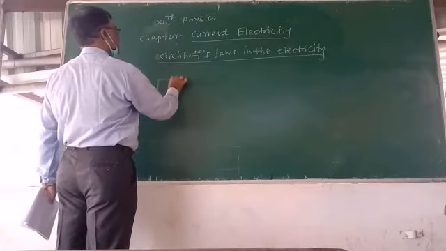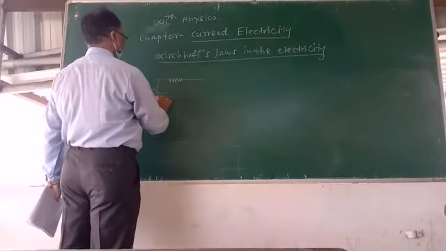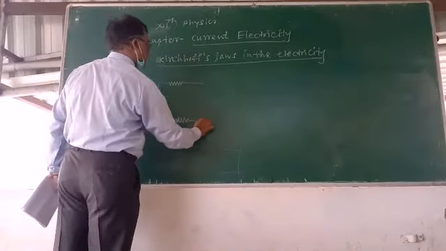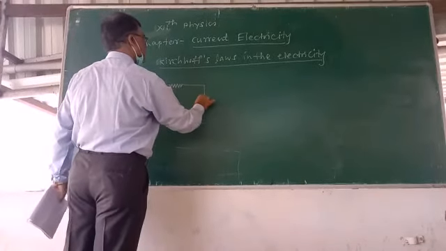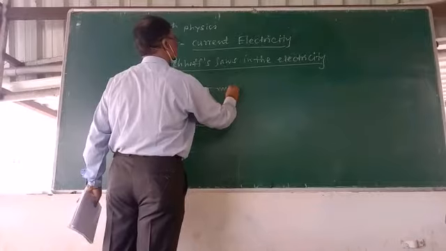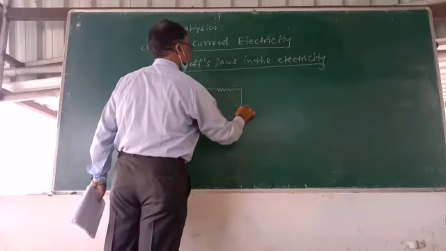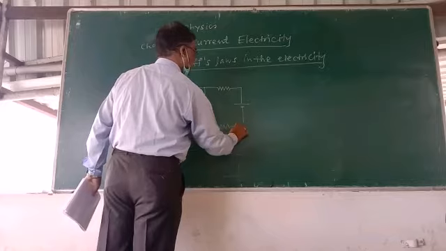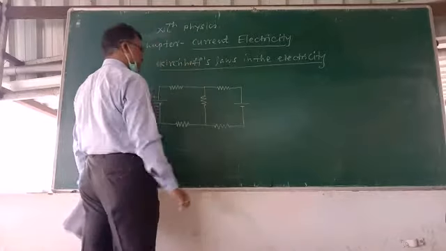This is one resistor. This is a second resistor. This is a third resistor. This is a fourth resistor. And this is another cell. And this is another resistance.